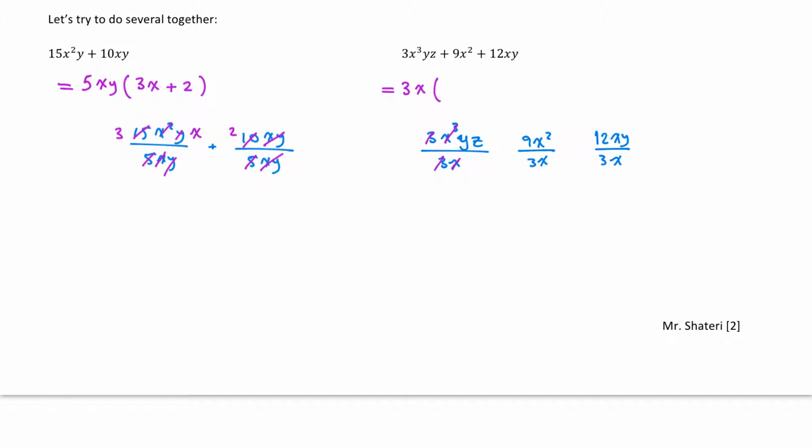X cubed over x is x squared because they have the same base, and I'm subtracting their exponents of 3 and 1, and 3 minus 1 gives me 2. And yz just stays, so I'm left with x squared yz plus 9 divided by 3 is 3. X squared divided by x is x. So I get 3x. 12 divided by 3 is 4. X divided by x is 1. And I'm left with 4y.